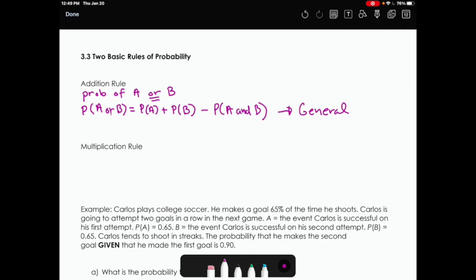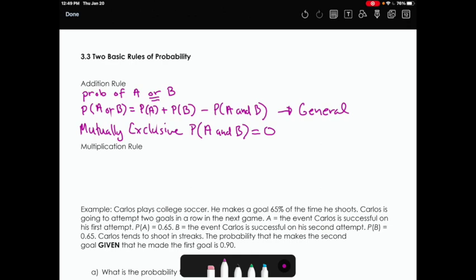We do have the special case when you have two events that are mutually exclusive. And mutually exclusive, just as a reminder, just means that A and B are not going to happen at the same time. So if you have something that's mutually exclusive, that means that the probability of A and B happening is going to be 0.